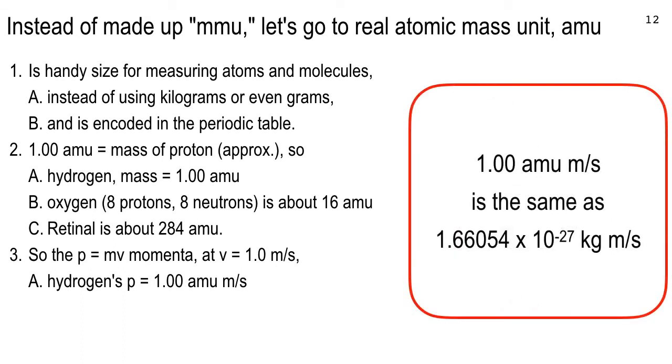And the atomic mass unit is equivalent to 1.66054 times 10 to the minus 27 kilograms. So yeah, if you want to measure atoms and stuff in kilograms, you're welcome to do it, but you're going to have to deal with scientific notation.